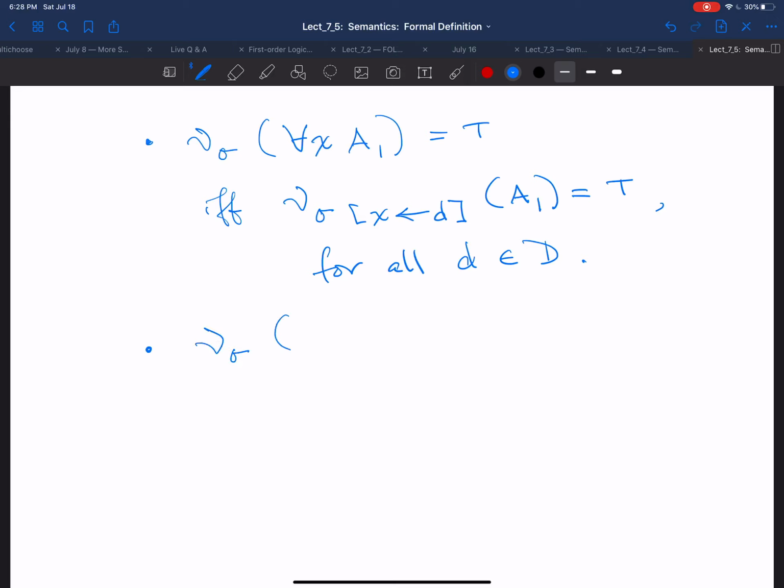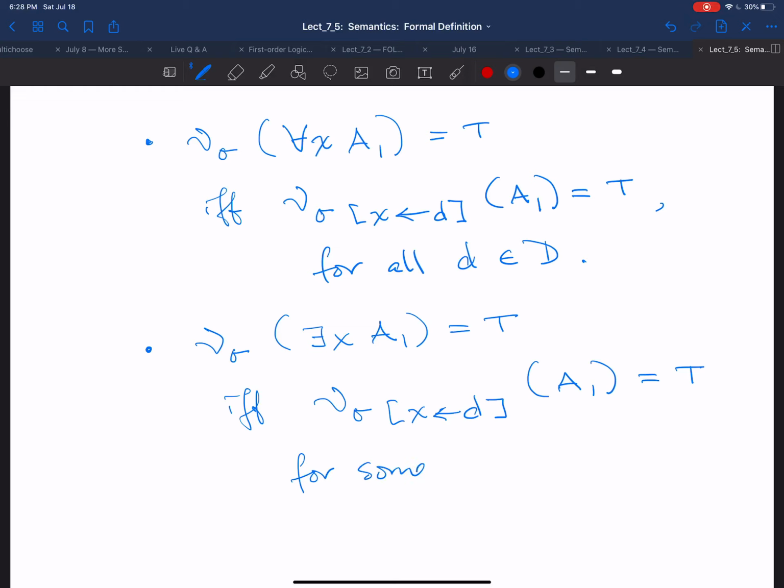And of course, the clause for the existential quantifier is similar. The truth value of there exists x A1 is going to be true if and only if the truth value of A1 comes out to be true for some element little d of the domain to which we reassign x.